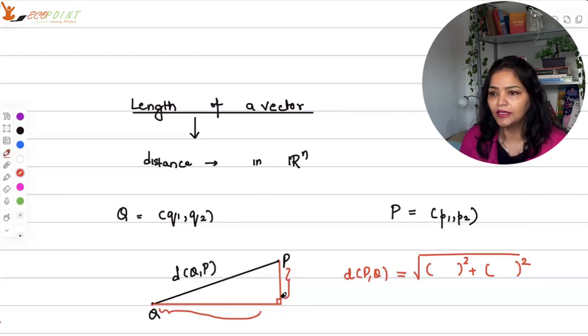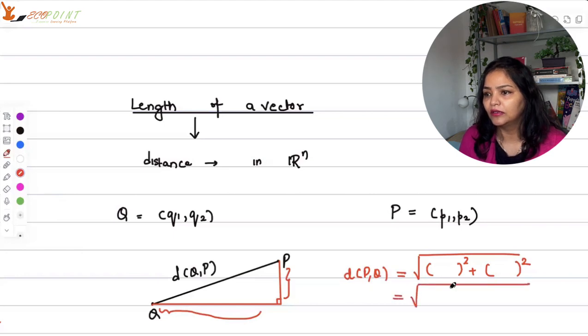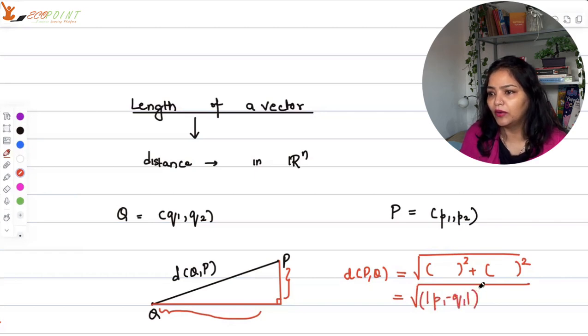In other words, if you observe, what is this length, what is this length? This is your x-axis, this is your y-axis. So this is the absolute difference between P1 minus Q1 and the square of that.